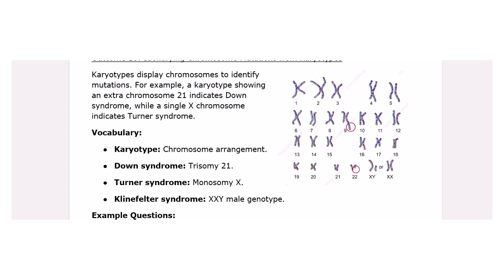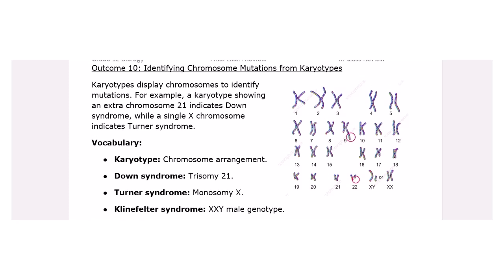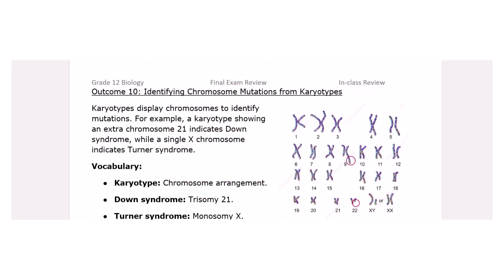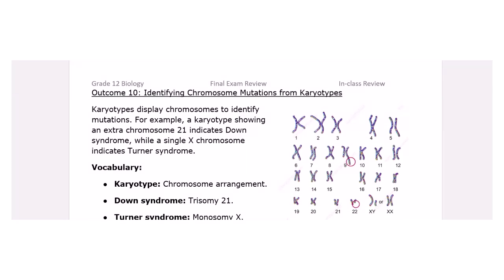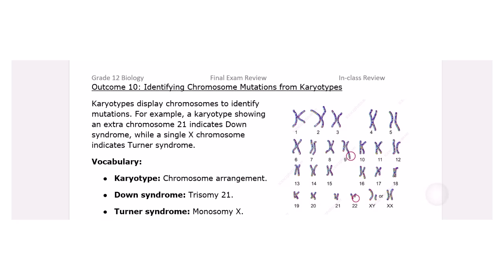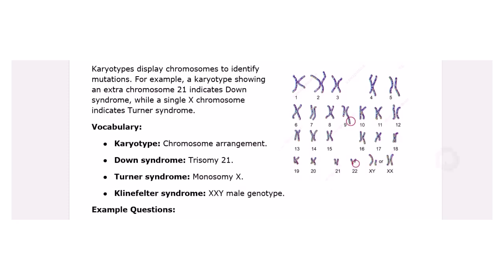Okay, and they would be roughly the same size or extremely close to the same size. If they're not, then something occurred, do you remember insertion or deletion as well, to cause one chromosome to be shorter and one chromosome to be longer, for example. Okay? So, a karyotype is a picture of your chromosomes arranged in what order?